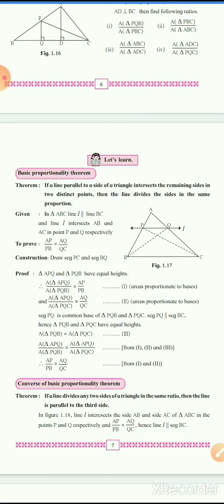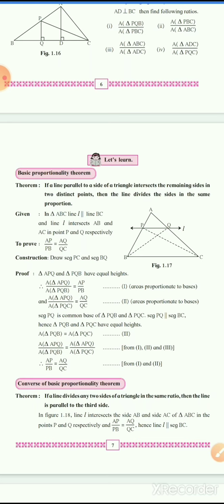At first, the pair of triangle APQ and triangle PQB. Let us see here, these two triangles have equal heights. So the ratio of the areas of these two triangles with equal height is equal to the ratio of their corresponding bases.